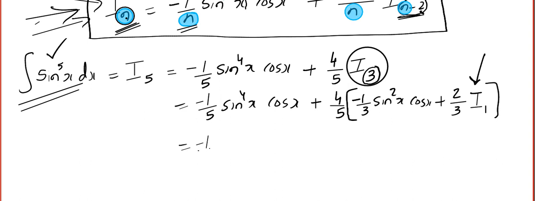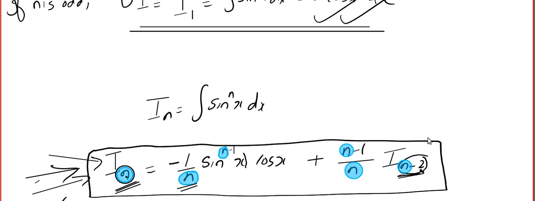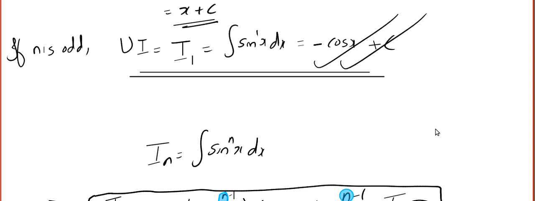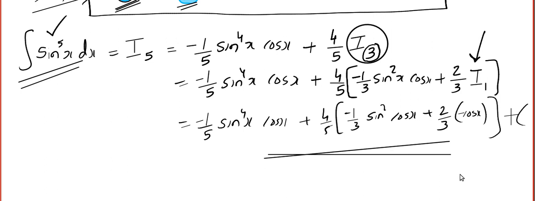So in the next line, I will get my answer: sine to the power 4 x cos x plus 4 by 5. I am not opening the bracket, that's your homework. Sine square x cos x plus 2 by 3. What is I1? Minus cos x. And put a plus c somewhere. Finished. I hope you understood this.